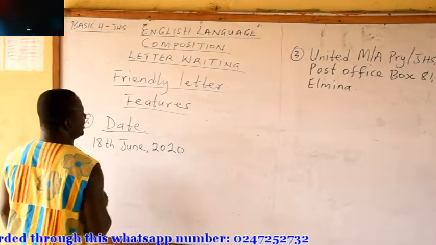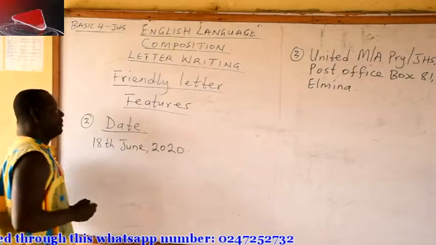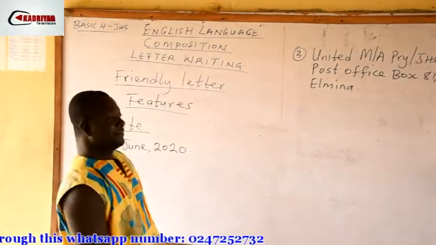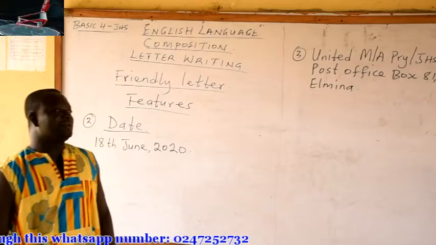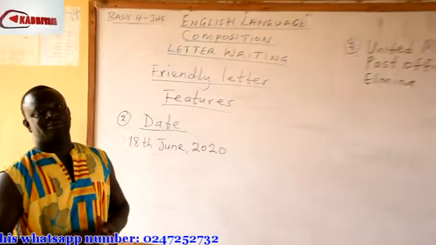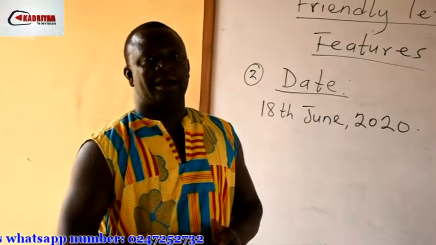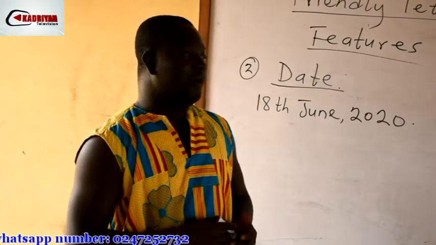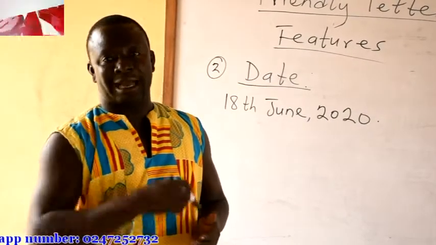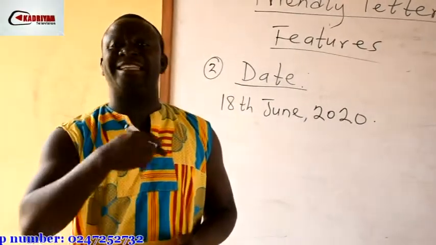Please, comma is here, full stop is here. Please, the date is not part of the address. So don't tell me that the date is part of the address. No. Whenever an examiner is marking your script, he will mark the address. After that, he will mark the date.